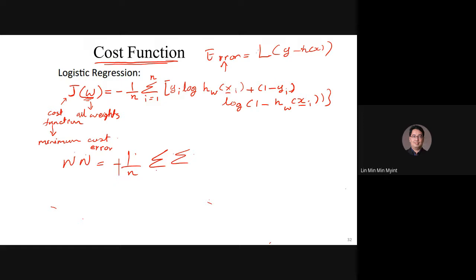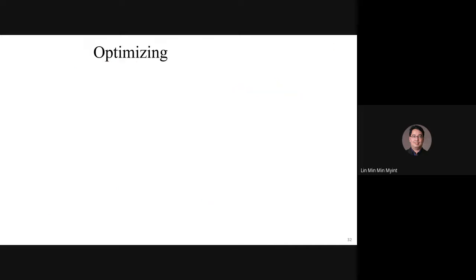The first one is the number of nodes, and the other is the number of layers, and the rest is the same as here, because this is just for one neuron. In the neural network you have many neurons or many units, so you have to calculate like this. But this one I will discuss in more detail next week.